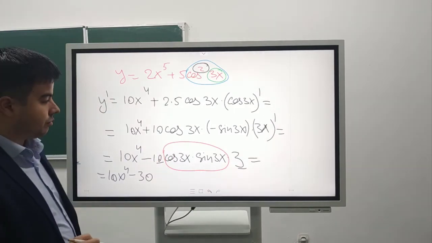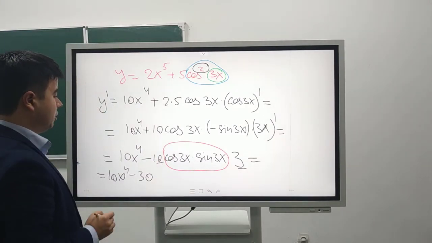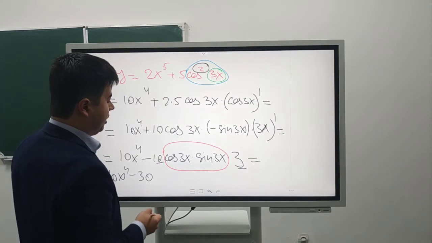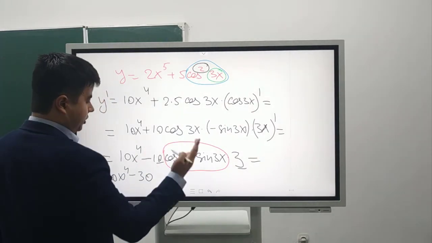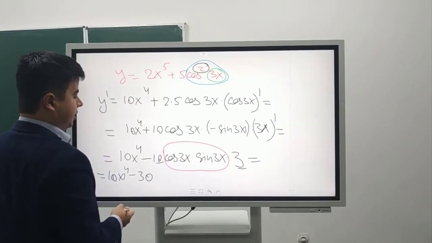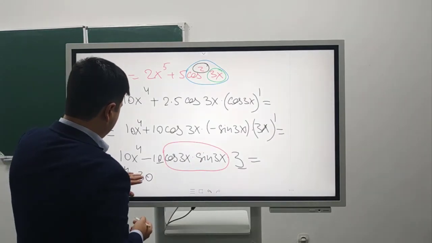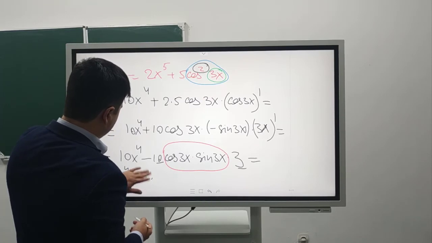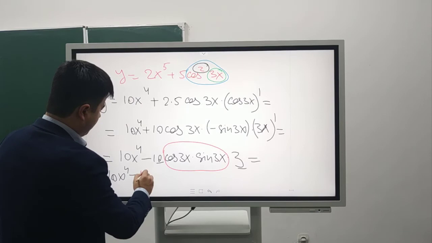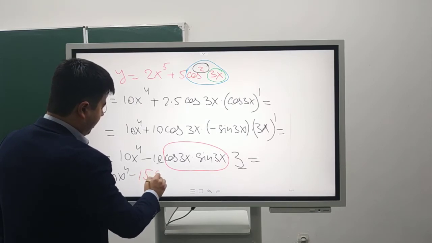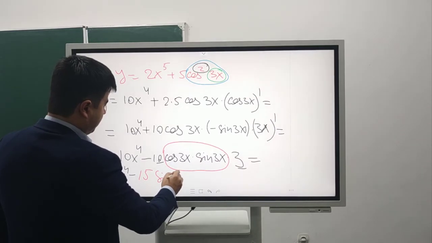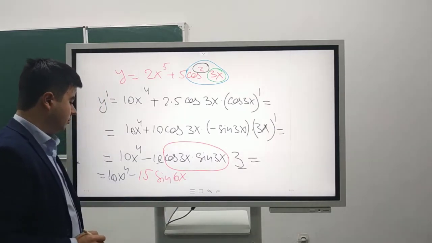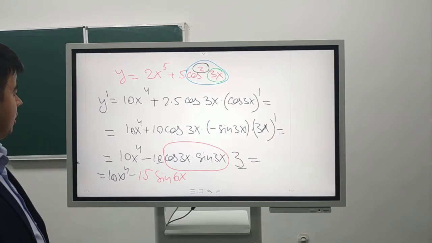Using the trigonometric formula, if you multiply by 2, it is sine 6x. Now it is not 30, divided by 2, it is 15. So 15 sine 6x. This is the final answer.